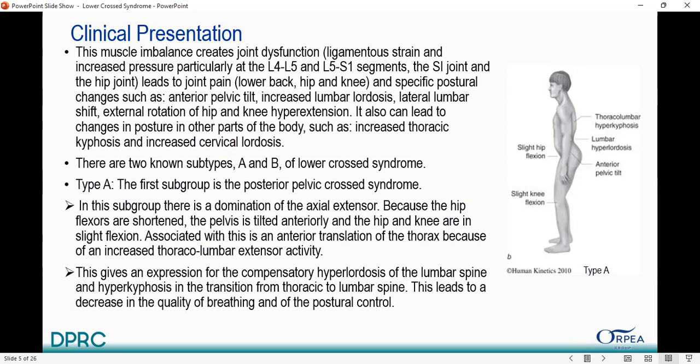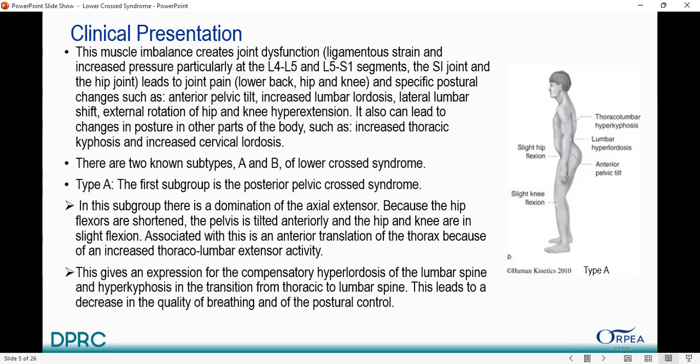This will cause ligamentous strain and increased pressure, particularly at L4, L5, and L5-S1 segments, the SI joint and the hip joint. This will lead to joint pain, especially lower back pain, hip pain, and knee pain, and specific postural changes, which I already discussed: anterior pelvic tilt, increased lumbar lordosis, lateral lumbar shift, external rotation of the hip, and knee hyperextension.